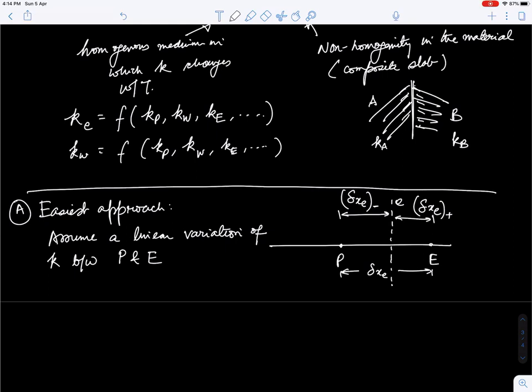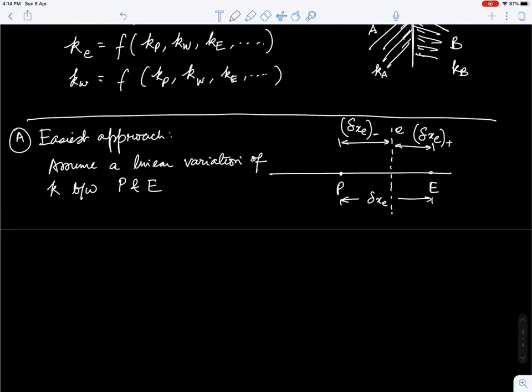Okay, now what it means is that we could now write, using a simple lever rule, that k at E is some function of distance, right?